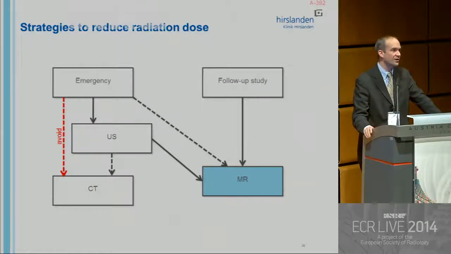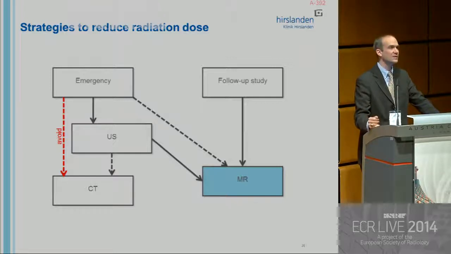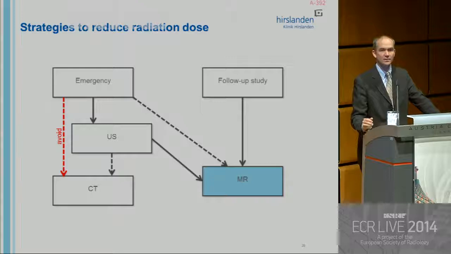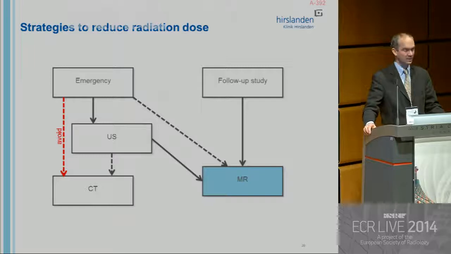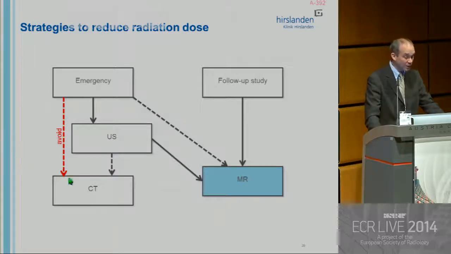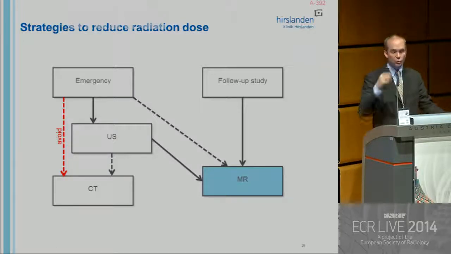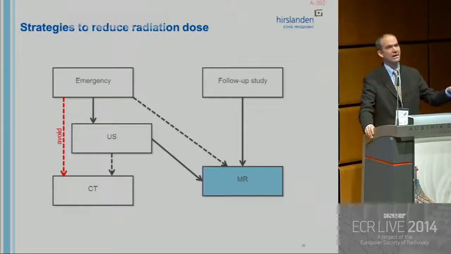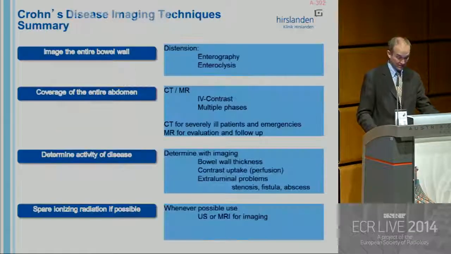And if that's not working, try to find a slot in MR. Really try to help these people avoid CTs whenever possible, because you will be the one managing the dose for these people. And if it doesn't work, like during the night, and it's very important, then you go for CT. But also try to stimulate the idea with your surgeons and gastroenterologists that it's very important that these patients don't get a CT every time.